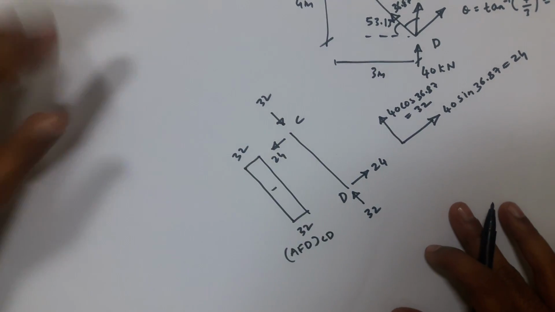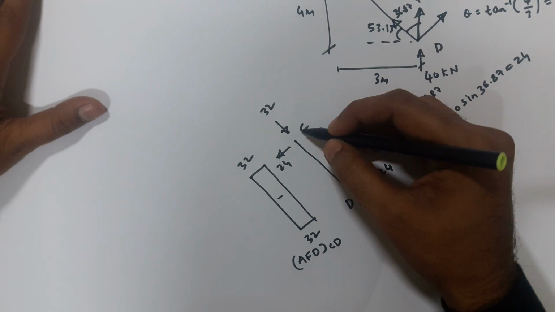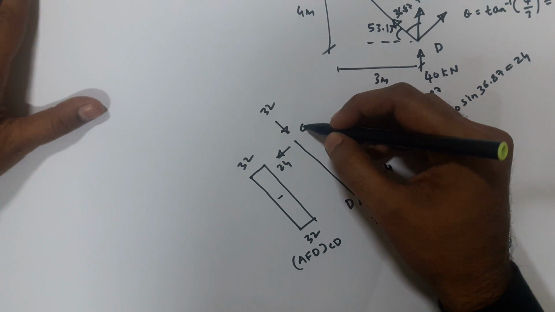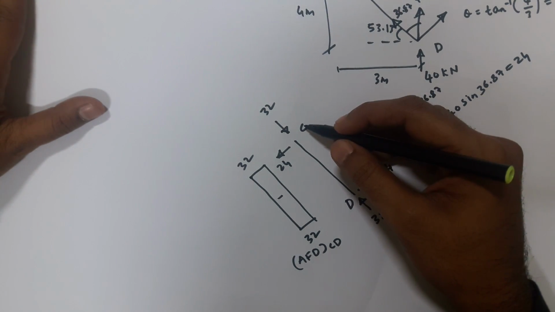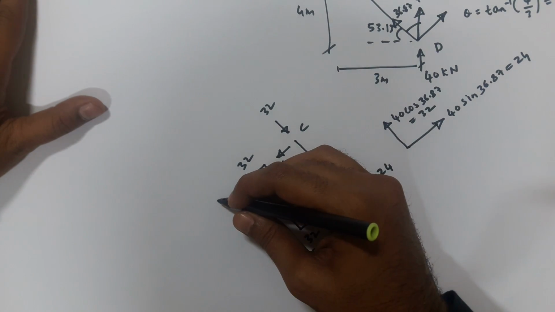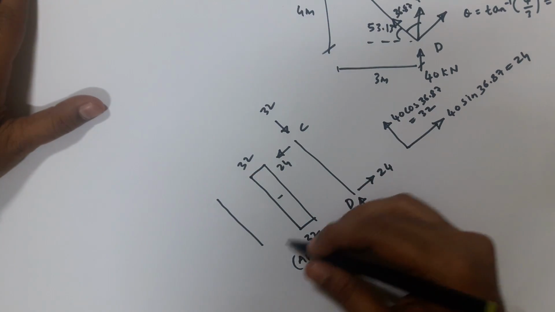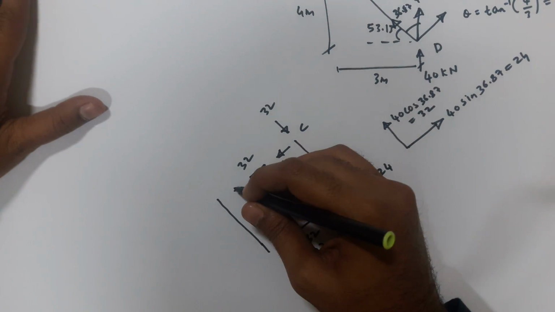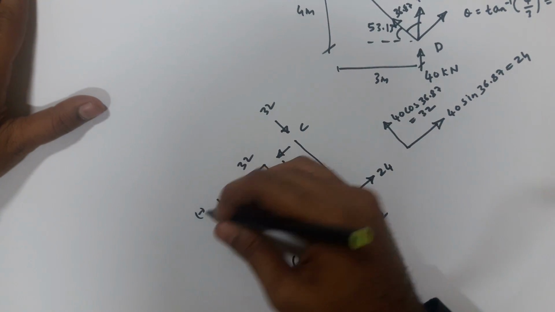Shear force diagram, you can come from C to D, left to right. This is datum for shear force. Above datum positive, below datum negative.